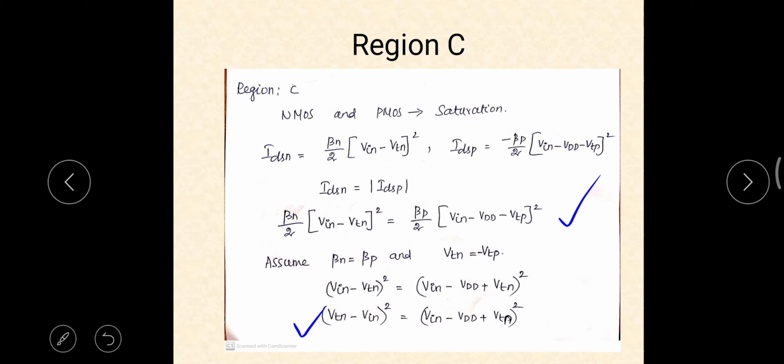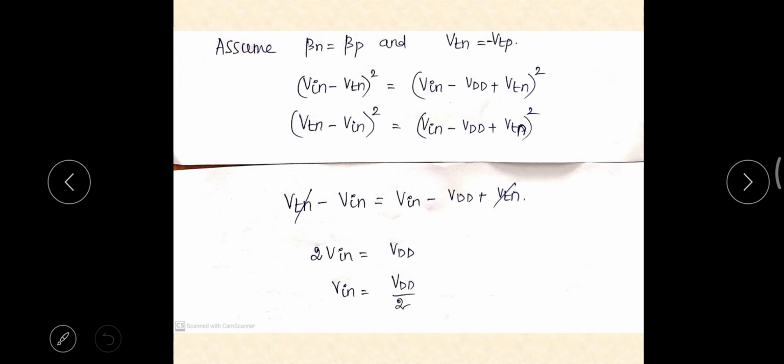Nothing wrong in that. Now I can take the square root on both sides. So your equation will become VTN minus Vin is equal to Vin minus VDD plus VTN. Now you can cancel the VTN on both sides. Finally I am getting 2 Vin is equal to VDD, which means that Vin is equal to VDD by 2.